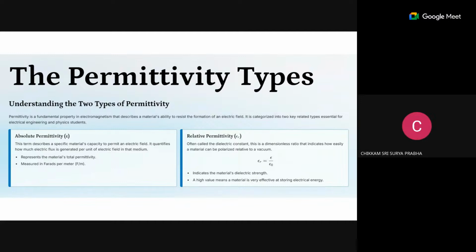The second type, relative permittivity, is defined as the ratio of the permittivity of a material to that of free space. Mathematically, we can write epsilon r as epsilon by epsilon naught, where epsilon is the permittivity of the material and epsilon naught is the permittivity of free space.